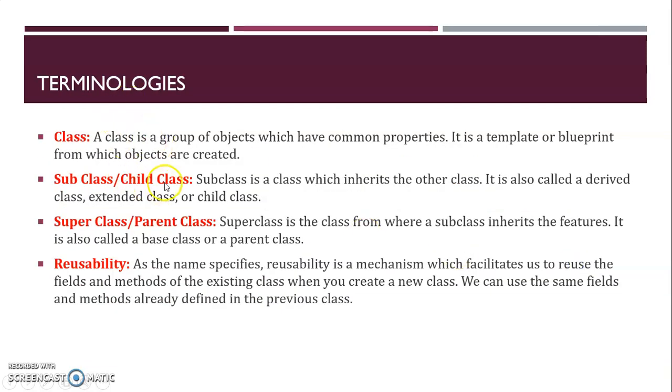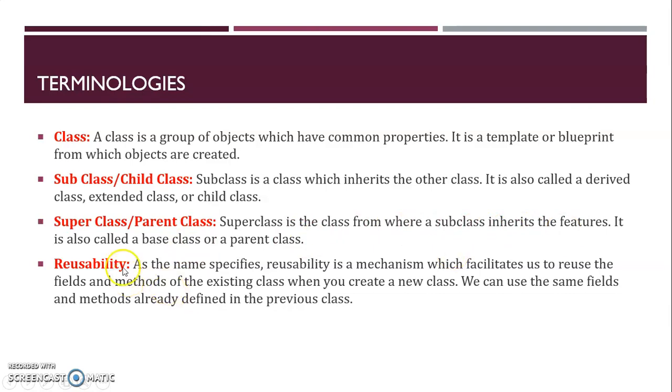The terminologies used in inheritance: first one is class. You know that a class is a group of objects which have common properties. It's a collection of variables as well as methods. Subclass or child class is a class which inherits the properties from the other class. And superclass or parent class is a class from where a subclass inherits the features.